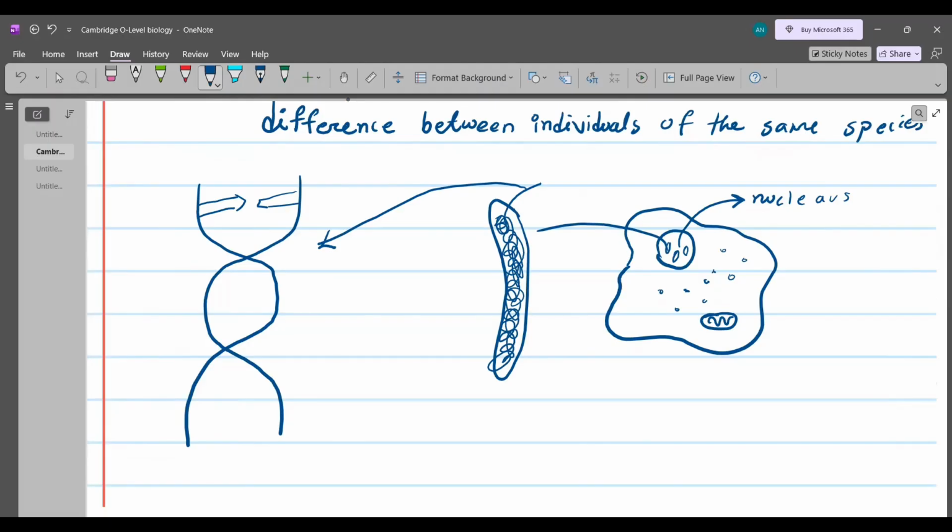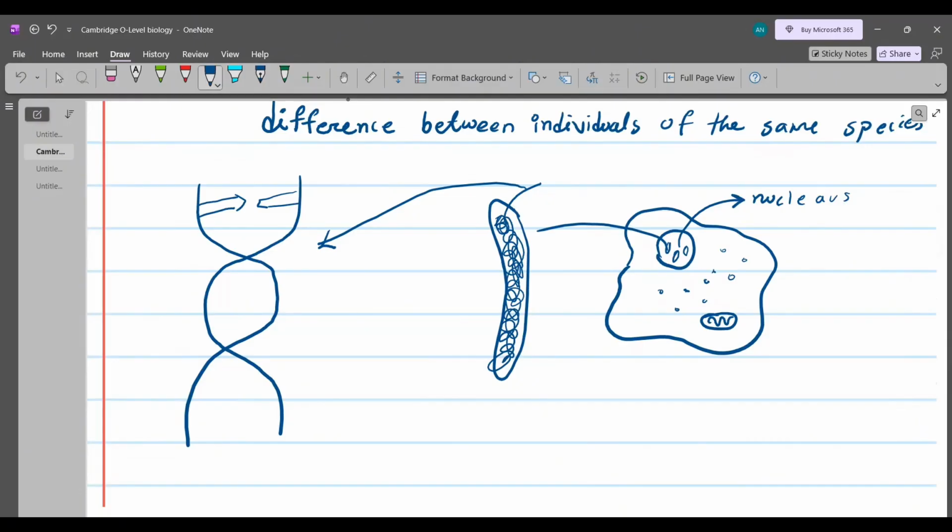DNA consists of two strands wound around each other to form a double helix. The basic unit of DNA is known as a nucleotide. Each nucleotide contains a phosphate group, a deoxyribose sugar, and a base.